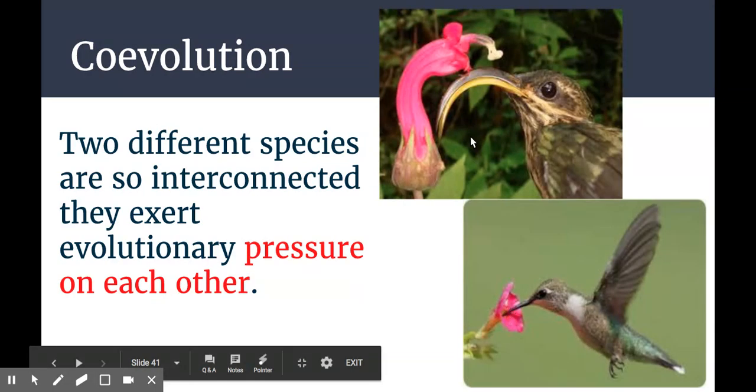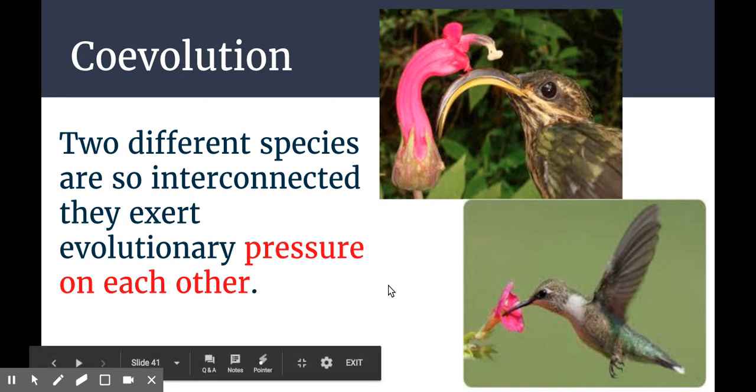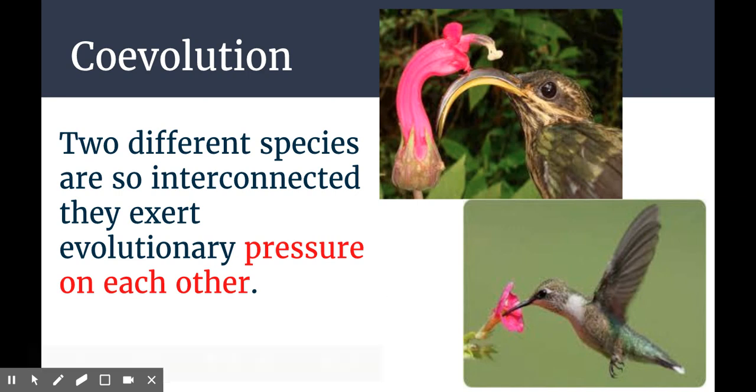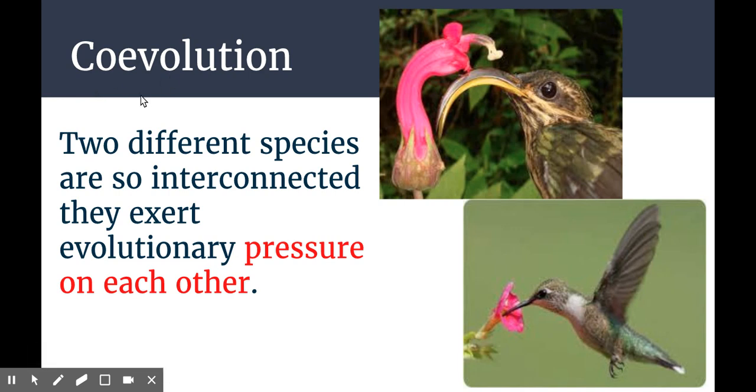And the flowers will have sort of specific up here, here's your anthers to transfer pollen, so it's going to drop it right on the head of this bird. So the next plant that it goes to, it'll do the same thing, put its beak in, and it'll transfer its pollen. So again, super interconnected relationships drive changes in each other, and that's coevolution. The prefix co means together, so this literally translates to mean organisms that evolve together.